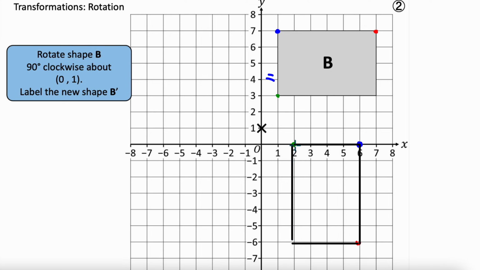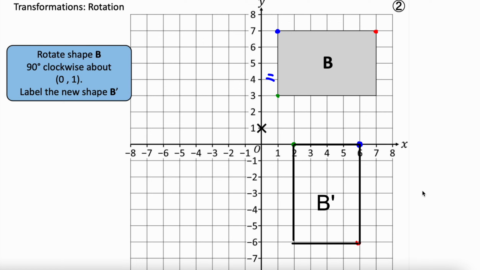So we have an image of rectangle P. Then the only thing we have to do now is to name it P apostrophe. So this will be P apostrophe, the image of rectangle P.